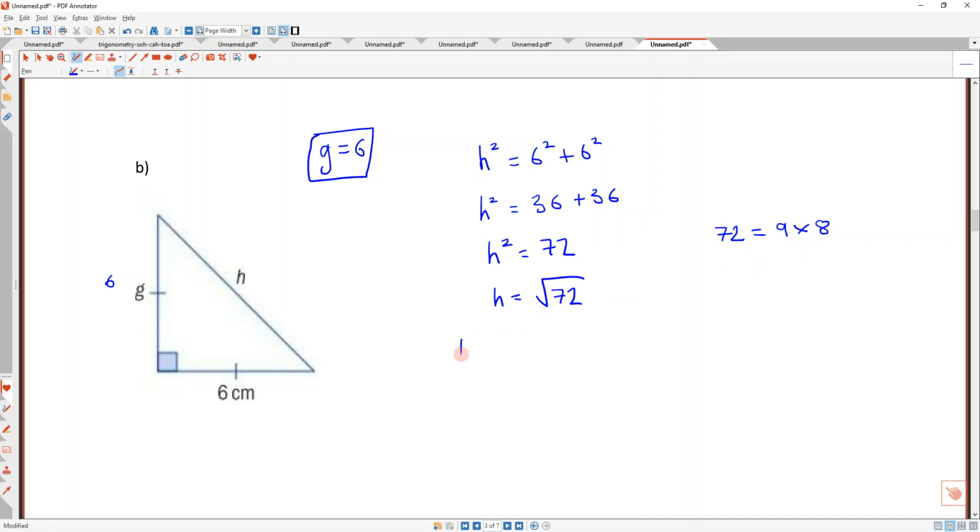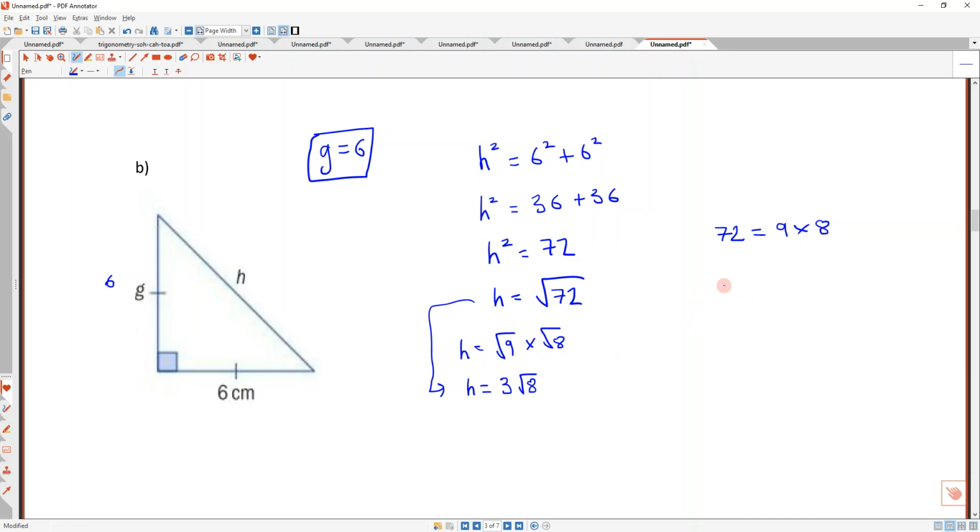So H is equal to the square root of 9 times the square root of 8. What's the square root of 9? It is 3. So square root of 72 is the same as 3 root 8.